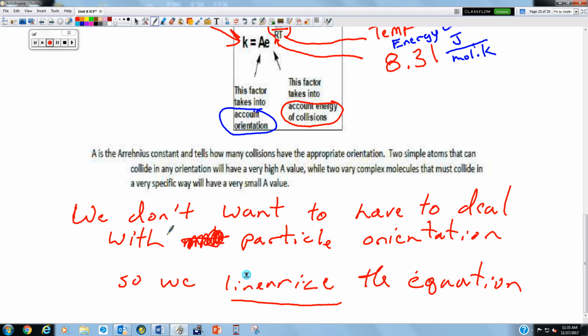Now, when we're doing these calculations, we don't want to have to deal with particle orientation. That's not for us to count or figure out. So what we're going to do is linearize the equation, and by doing that, we can look at two different temperatures and two different rates, two different Ks, and we can eliminate the A in this equation. The A will cancel out.